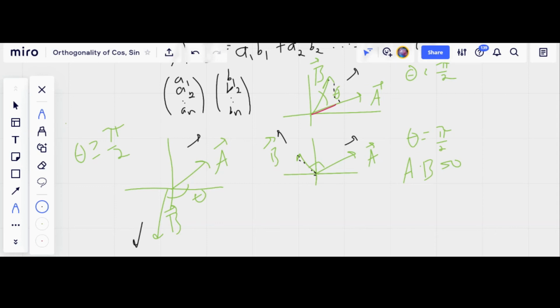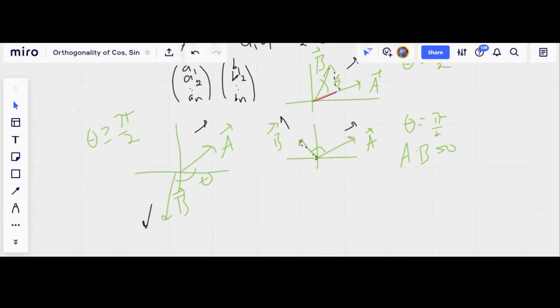If you try to project B onto the span of A, where the span of A is simply the line that A lies on, then you actually do get something non-zero. You get this little length here.